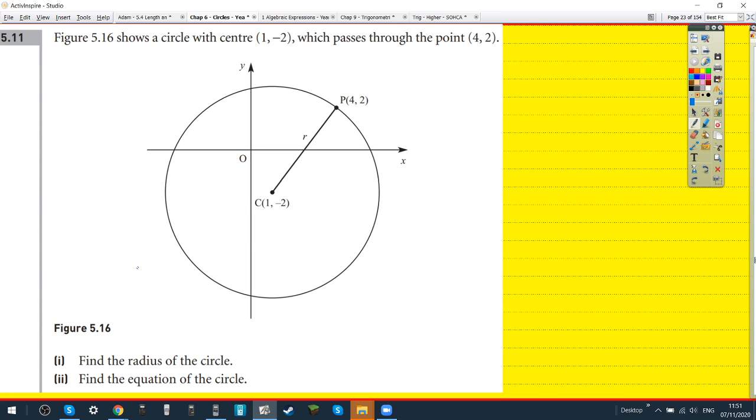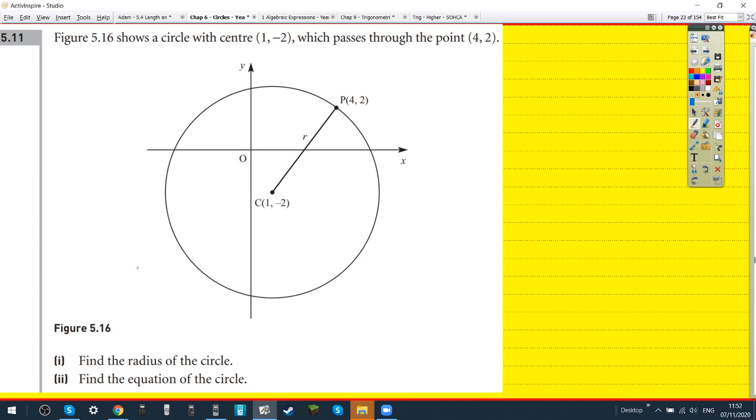Okay, how about this one? So we use Pythagoras to work out r, right? Does it matter which coordinates you use for the Pythagoras?